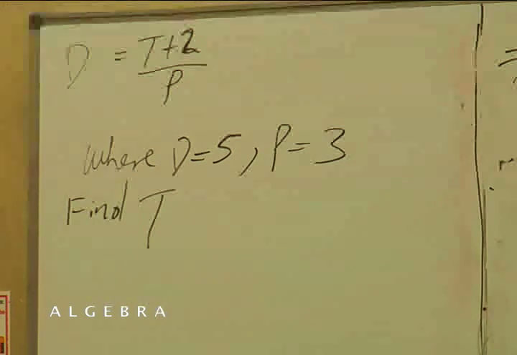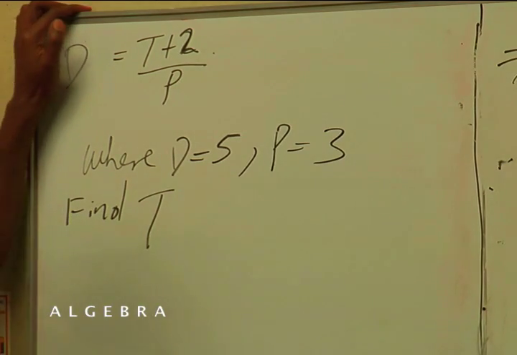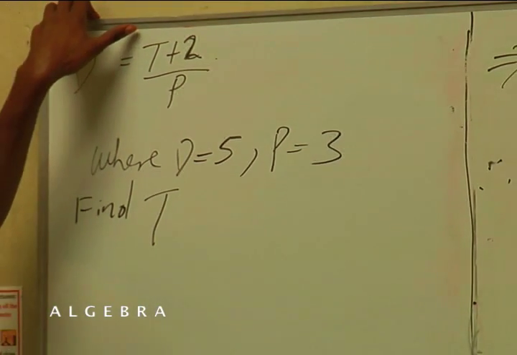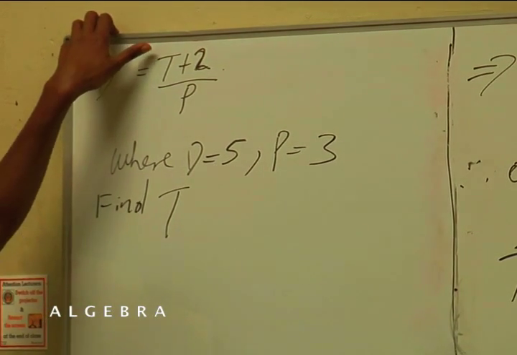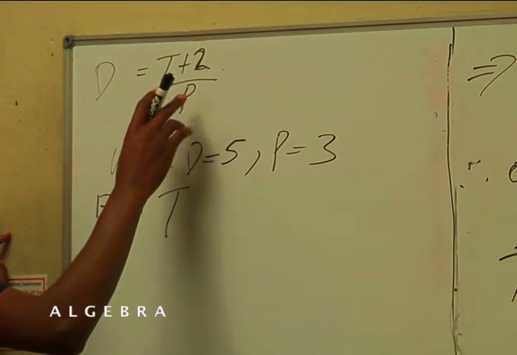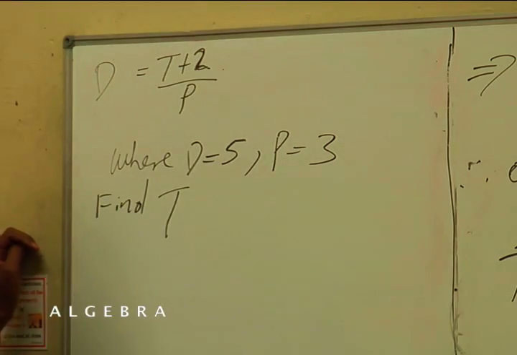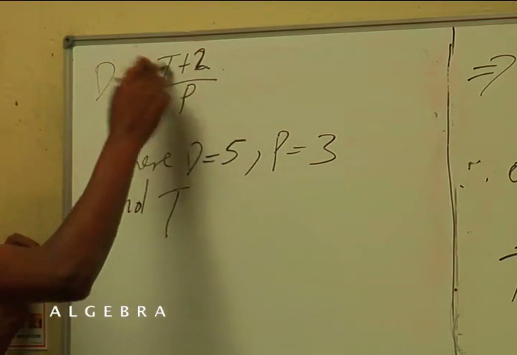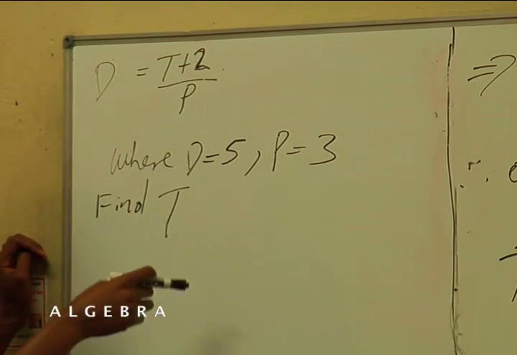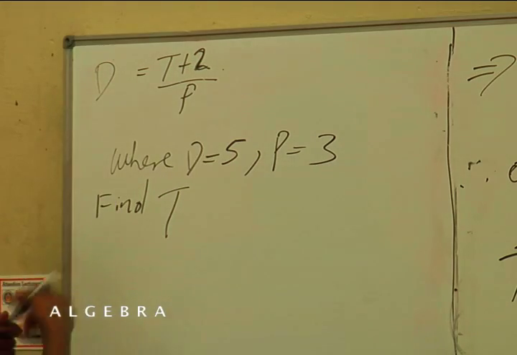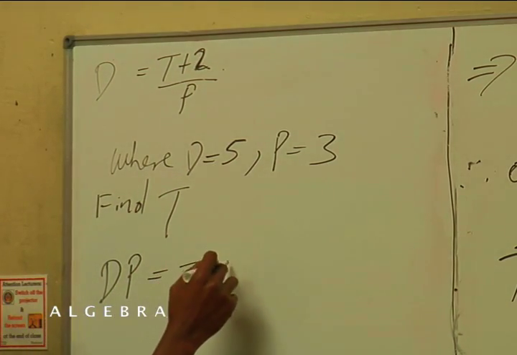Alright, watch out now. They tell you what D equals, but they never tell you what T equals. So you have to transpose to find what T equals. First thing you have to get rid of is the one that has the least relationship with T. Which one has the least relationship with T? Because P has to do with 2 and T, while 2 only has to do with T. So dP equals T plus 2.